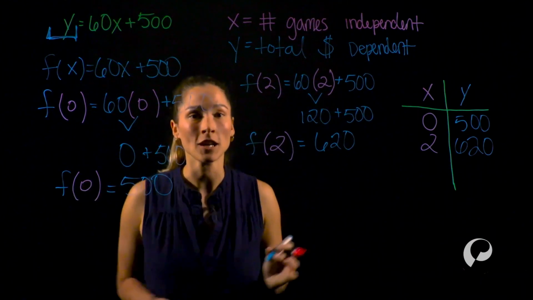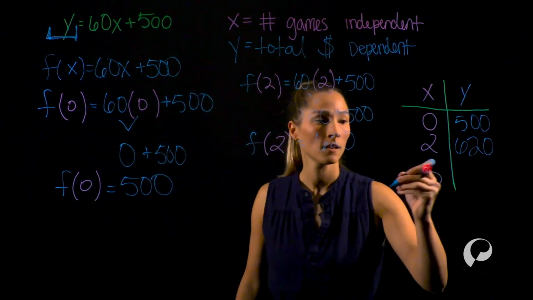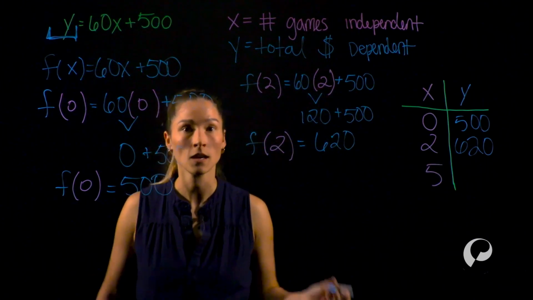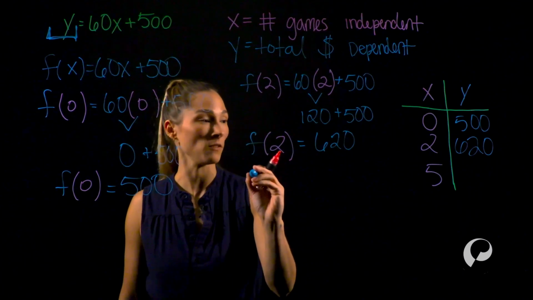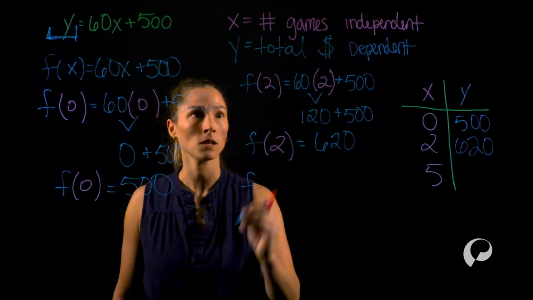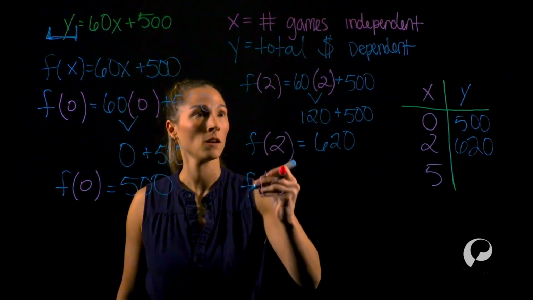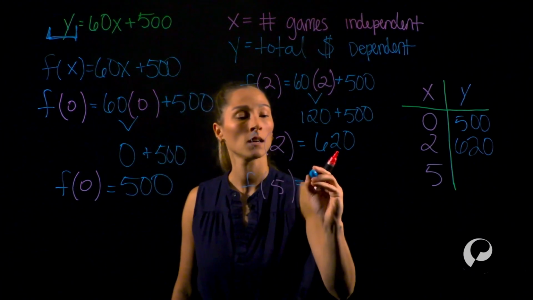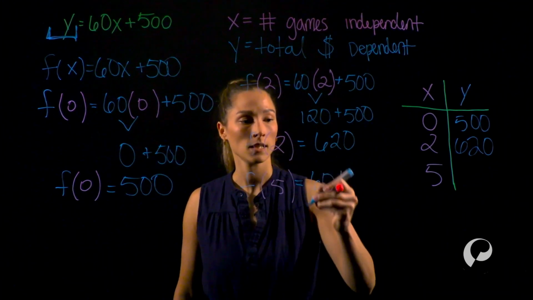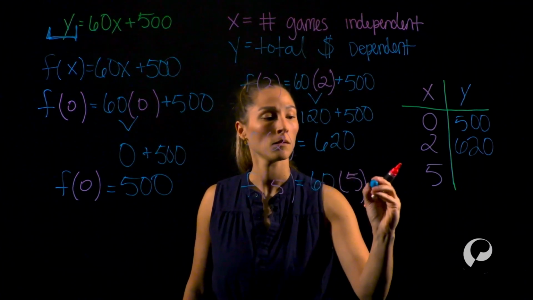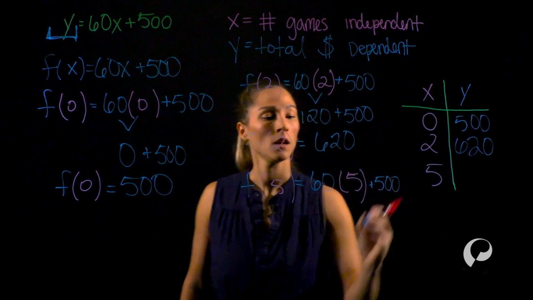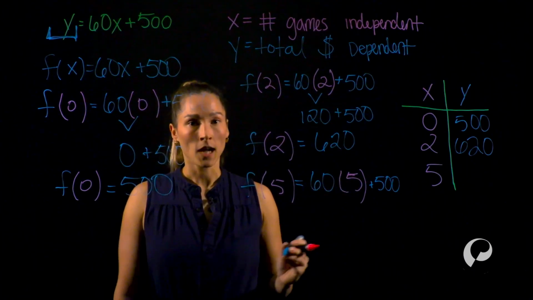Maybe you're like, oh my gosh, I have 5 favorite games. Okay, see how much you need to save up for the gaming system and those 5 games. Using the same formula, we're going to take f of 5 equals 60 times that input of 5 plus 500. 60 times 5.